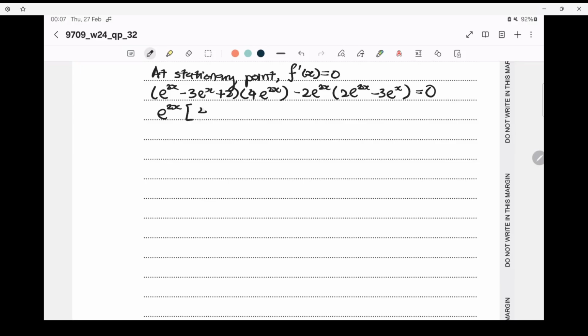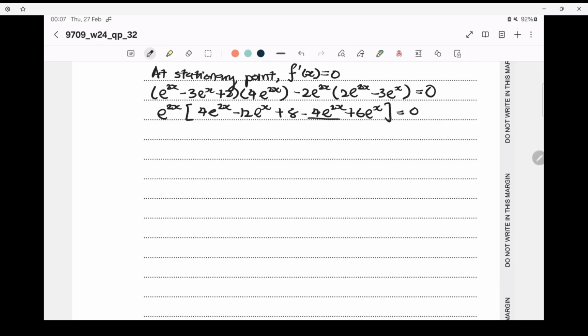You have 4e^2x minus 12e^x plus 8 minus 4e^2x plus 6e^x equals 0. So e to the power of 2x cannot be equal to 0, so the one inside has to be 0.